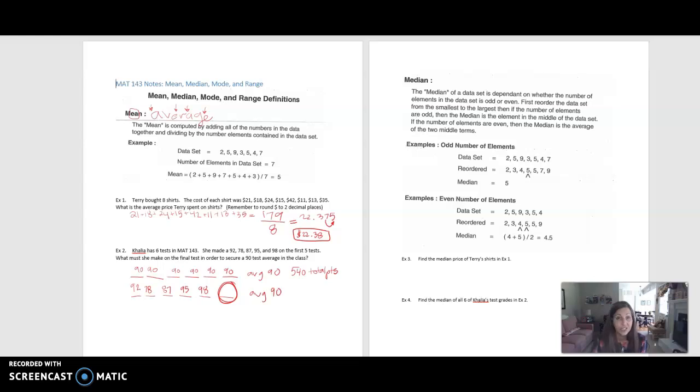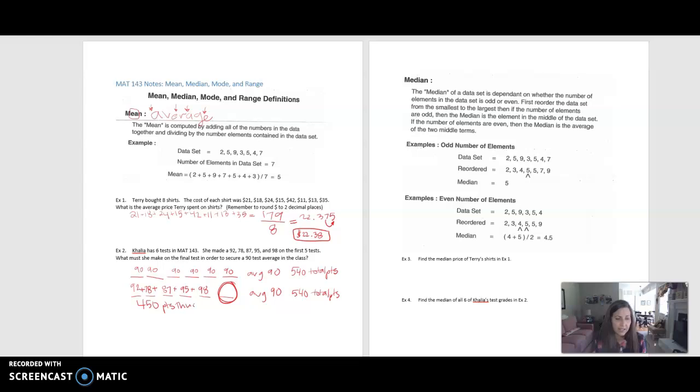Well, here's the thing. She still needs 540 total points to have a 90 average. Well, let's see how many points she has. I'm going to add these up, 92 plus 78 plus 87 plus 95 plus 98. I have to do that in my calculator. And that is 450 points thus far.